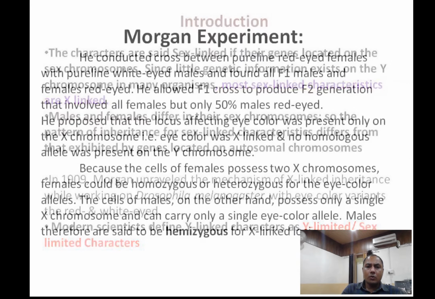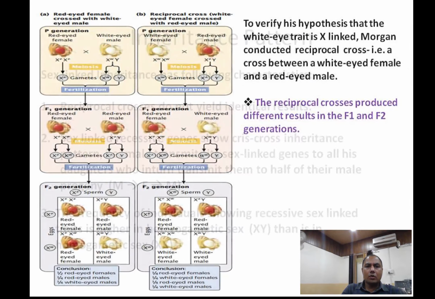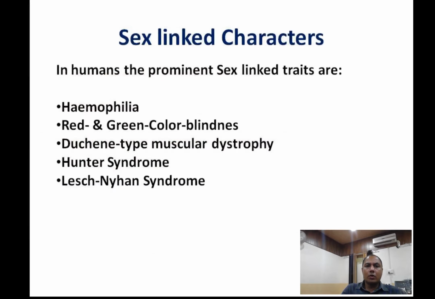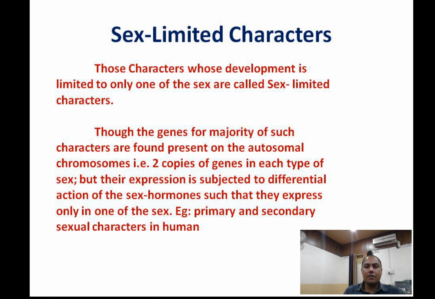So the sex-limited characters are basically the characters which are found only and only in one of the sexes, not in both sexes. The important thing is that many of these characters are located on the autosomes, not on the Y or the X chromosome.